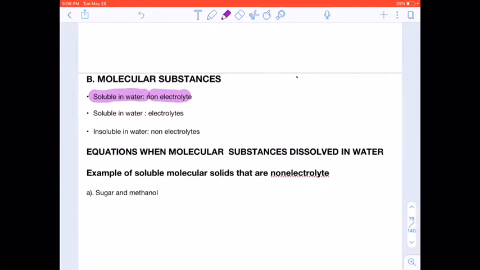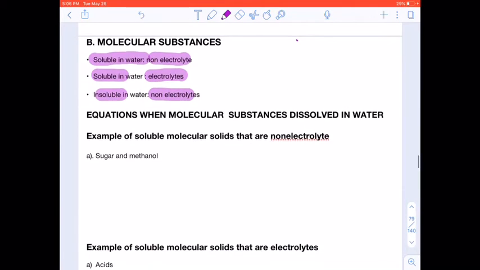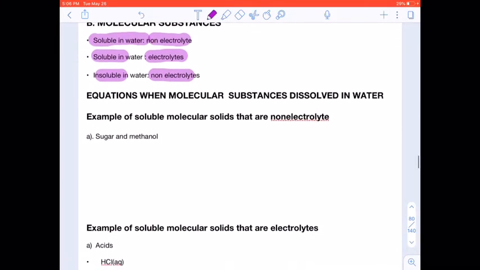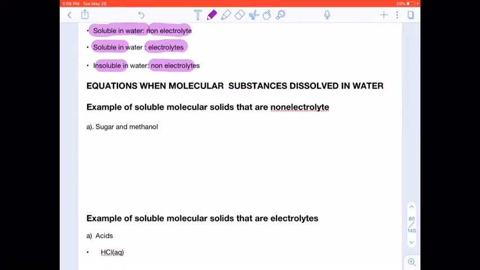And then we look at soluble in water and it's an electrolyte. And then you can also have some that are insoluble in water and non-electrolytes. Let's look at the first one here. So here we could have, for instance, sugar, and if it's soluble in water, we say aqueous.